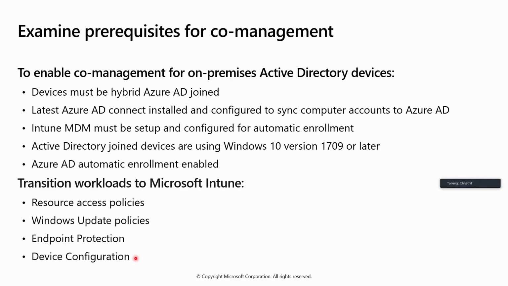For co-management, do we need Config Manager, or can we just do it from AD as well? Generally, with co-management, you are using Config Manager on your premises already. If you do not have Config Manager, it doesn't matter.